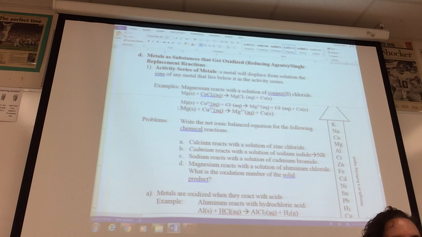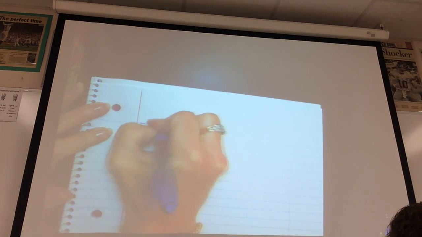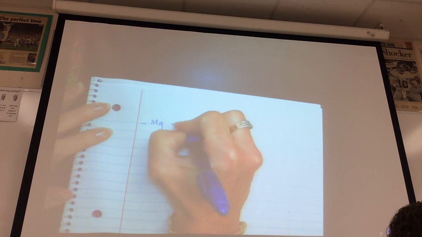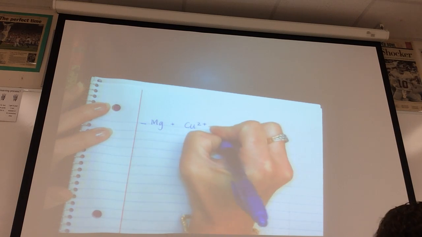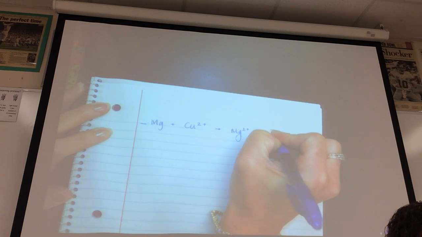And take a good look at that. You have a metal reacting with an ion. The metal generates its ionic form. The ionic form gets changed into its solid form. And you may not recognize that as such, but it really is a redox reaction, because you have magnesium by itself reacting with copper(II) ion to generate magnesium ion and copper.